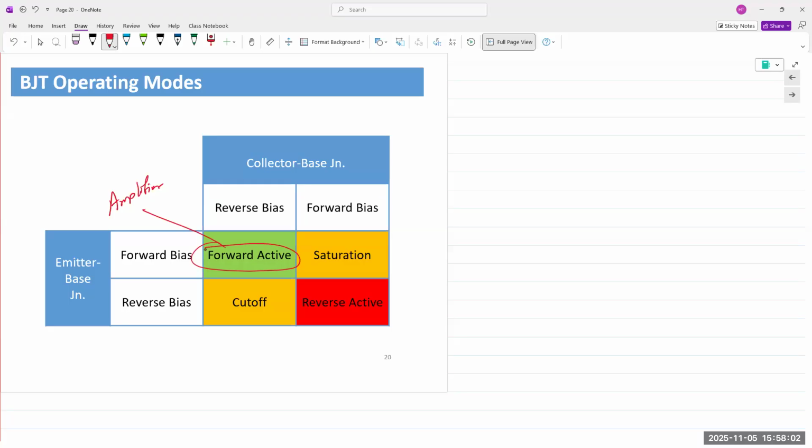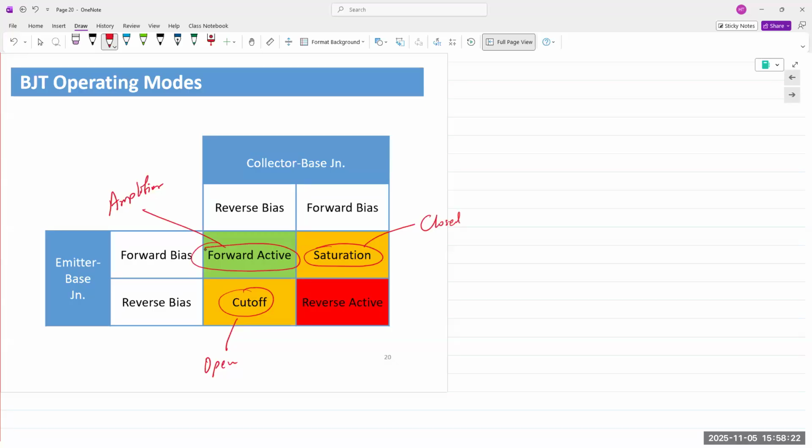Okay. So in terms of a switch, if it's cut off, we can say this is open. And if it's saturated, we say it is closed.